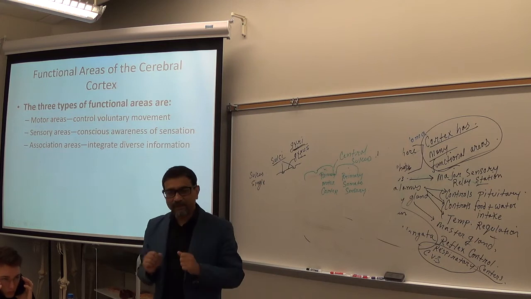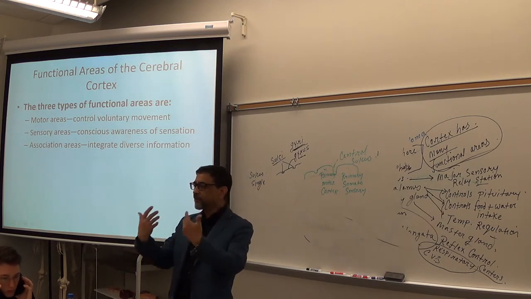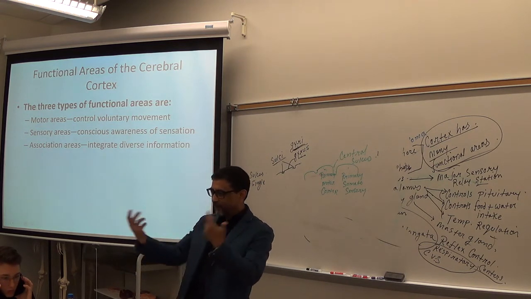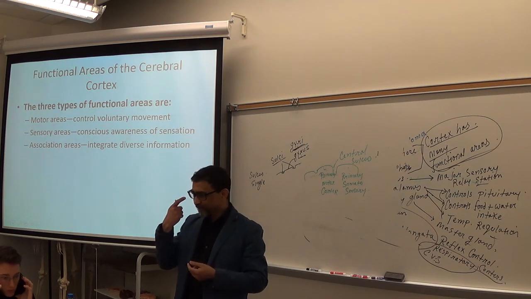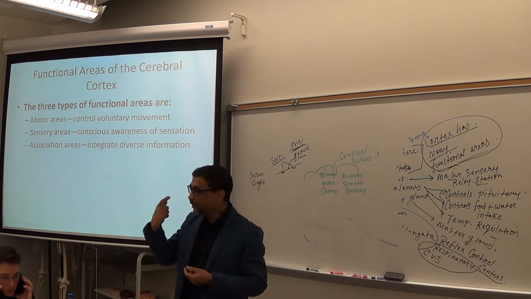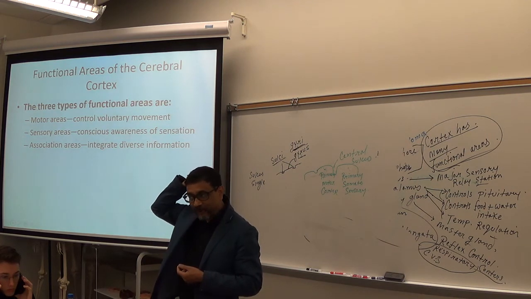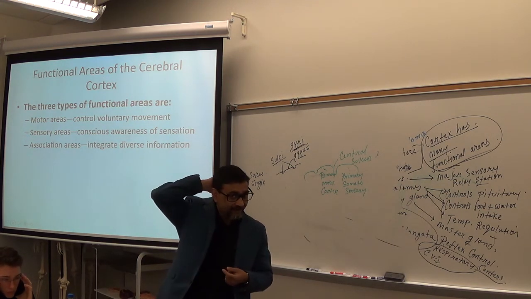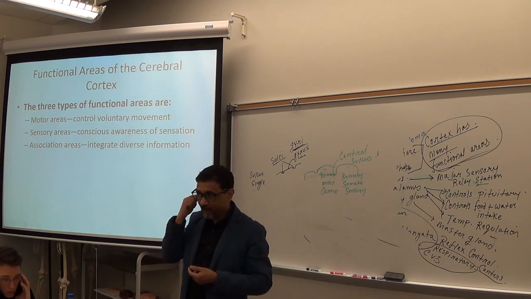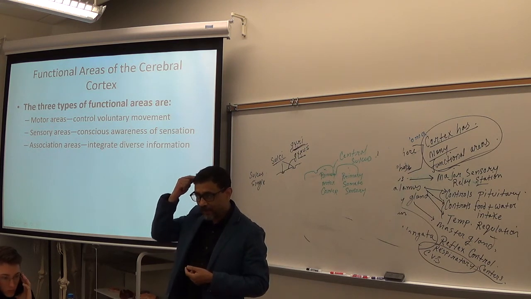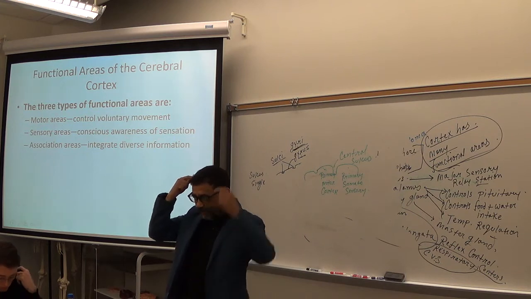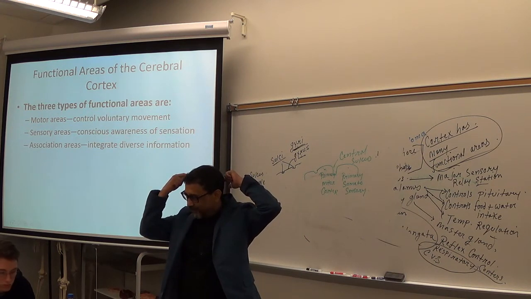Now look at me. When I'm talking, you are listening, right? At the same time, you are looking at me. So from your eye, signal is going to your visual area, located here, and from your ear, at the same time, going to the auditory area. Makes sense?